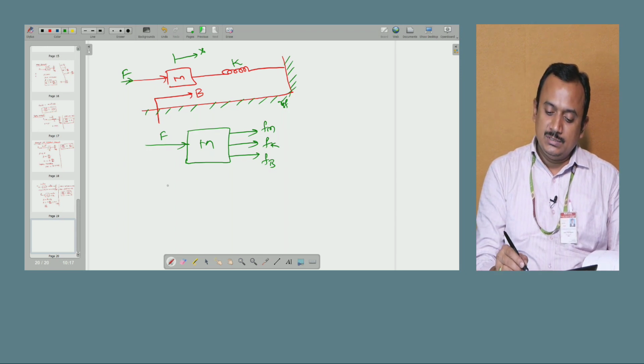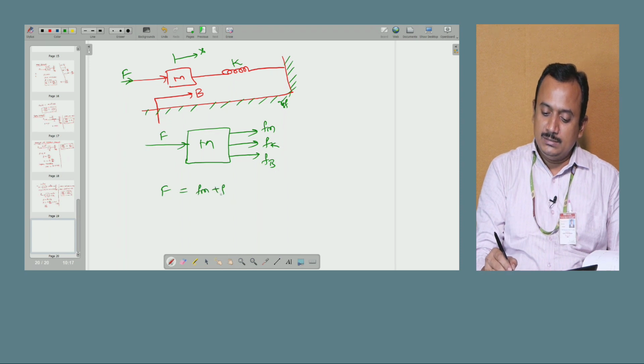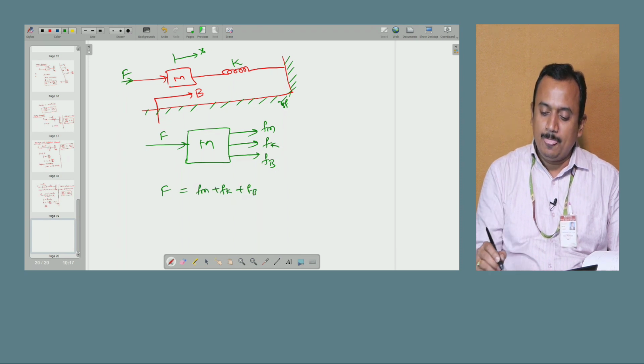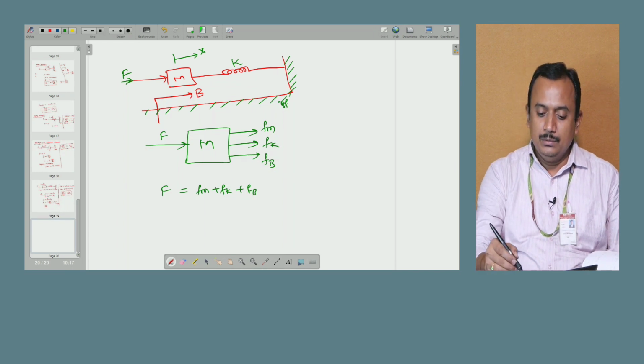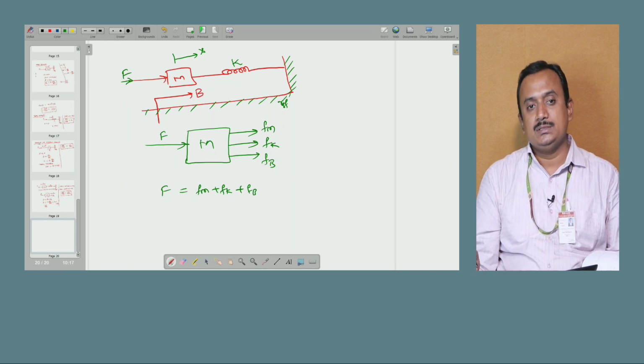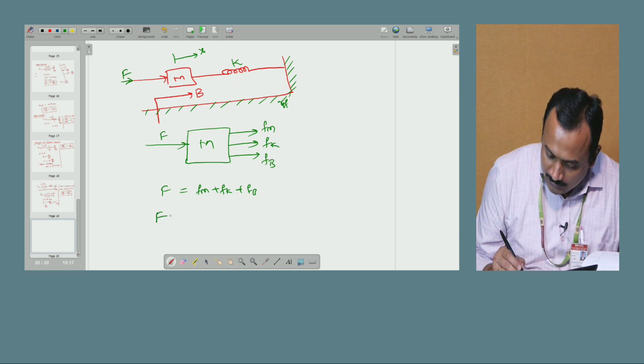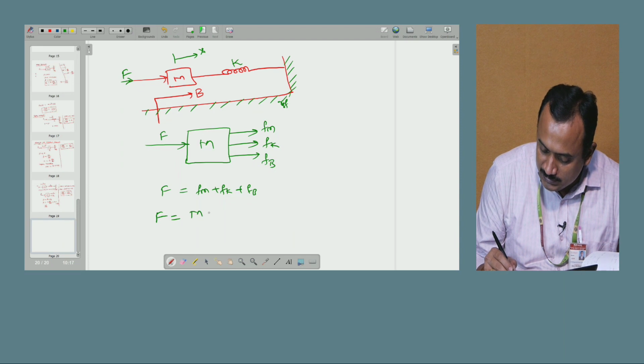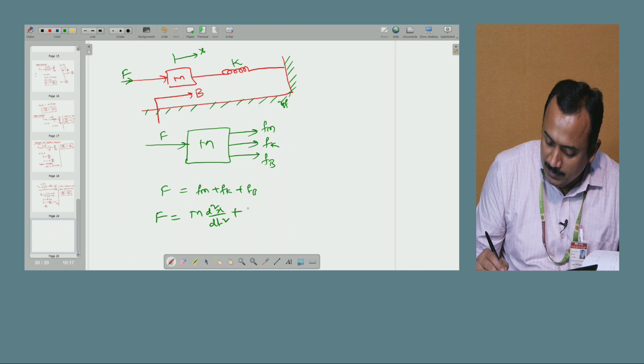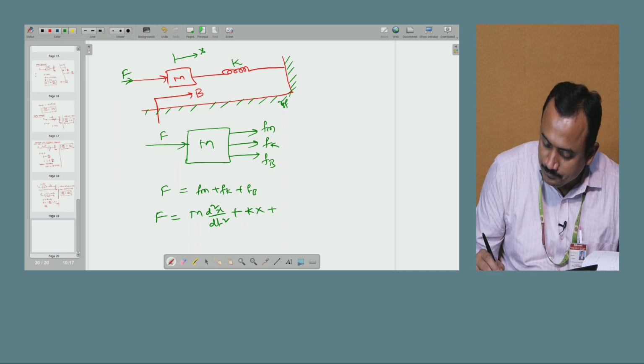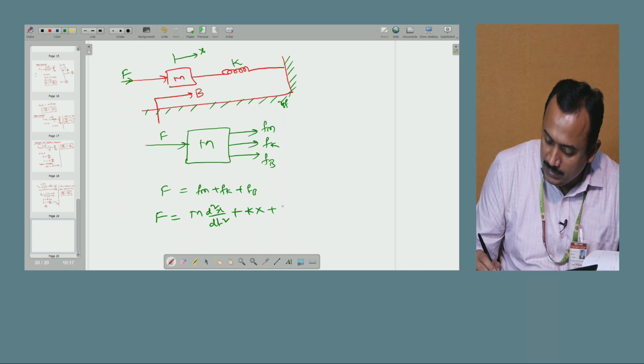Now what is Newton's law? Applied forces is equal to opposing forces, Fm plus Fk plus Fb. And anyhow, we know the individual force equations for a mass, spring constant, and dashpot. Let me write. For mass, it is m into d square x by dt square, plus spring constant k into x, plus dashpot, that is b into dx by dt.